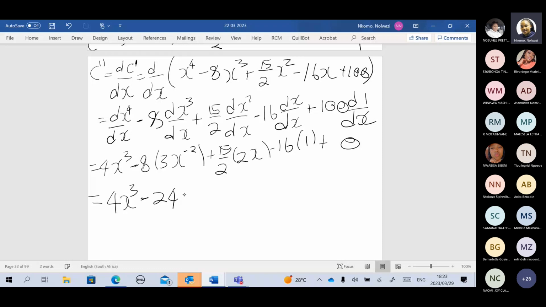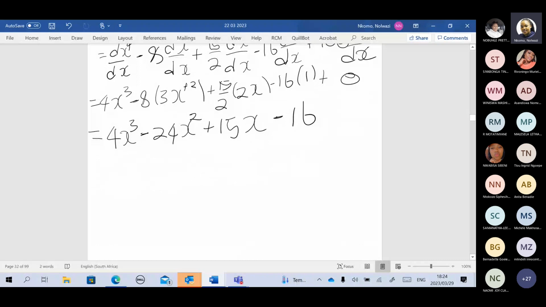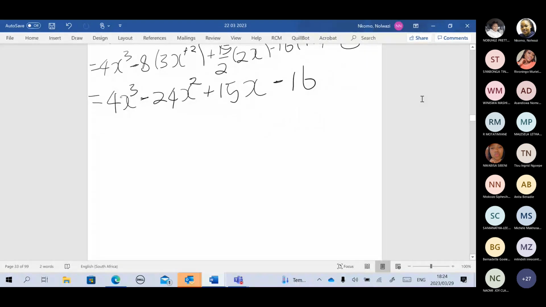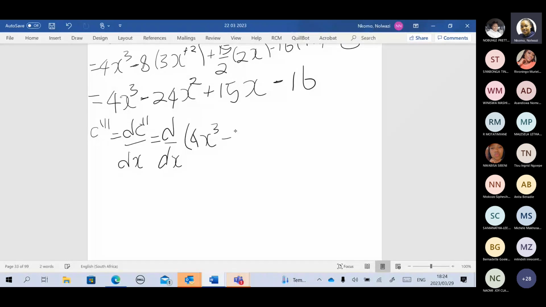We said to get the third derivative, we have to differentiate the second derivative, right? So this means f triple prime is equal to the derivative of f double prime with respect to x. And this is d/dx of 4x cubed minus 24x squared plus 15x minus 16, right?